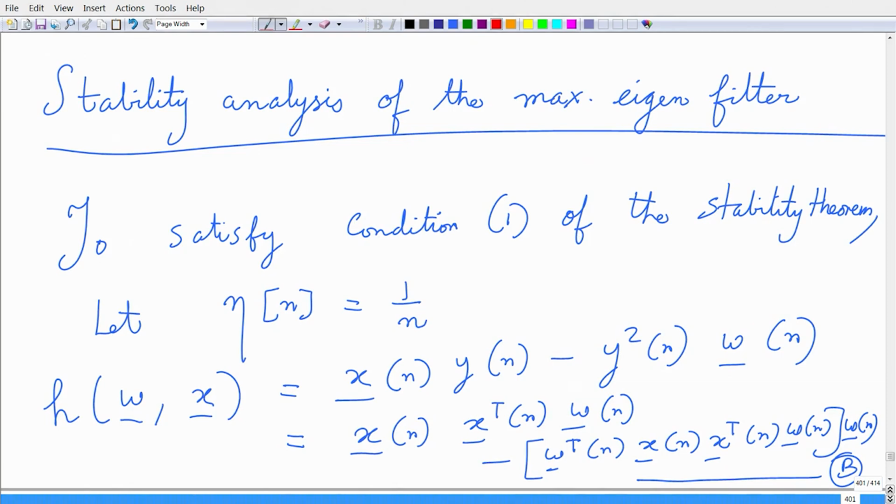Now, with this we are ready to embark into the stability analysis of the maximum eigenfilter, right. We had 3 parts. So, first we formulated a nonlinear stochastic difference equation based upon a normalization that was applied to the Hebbian update.